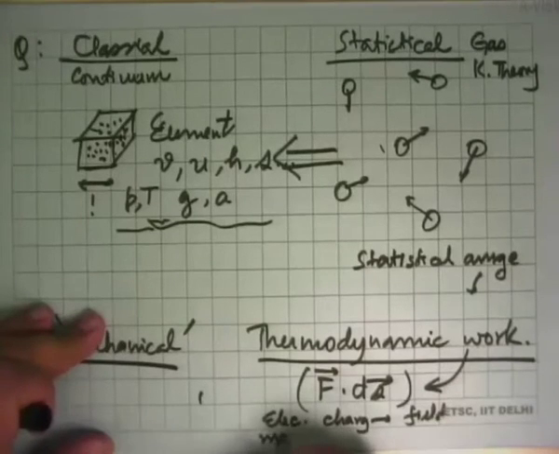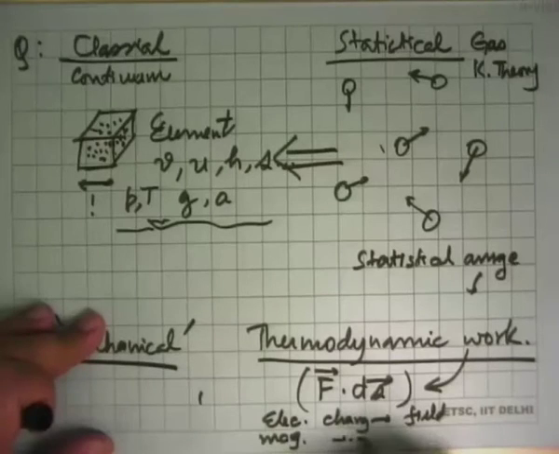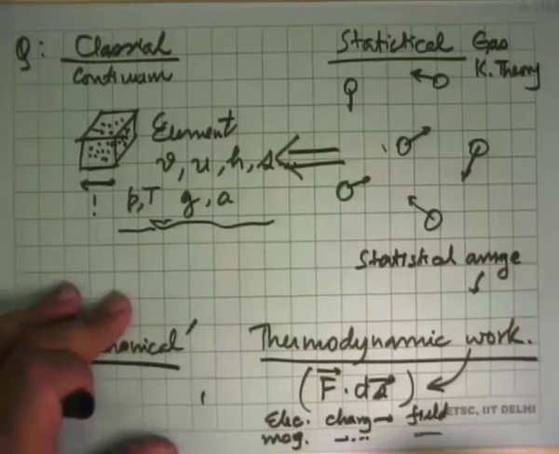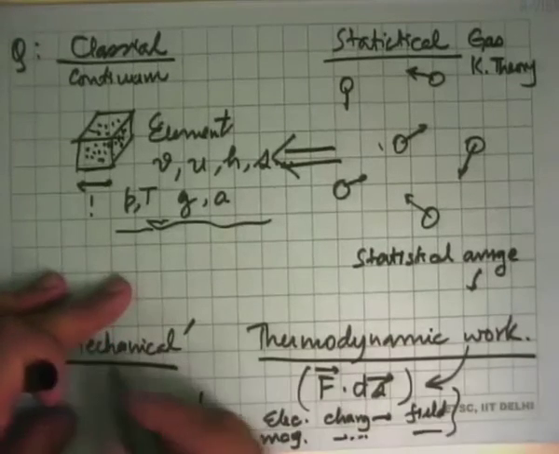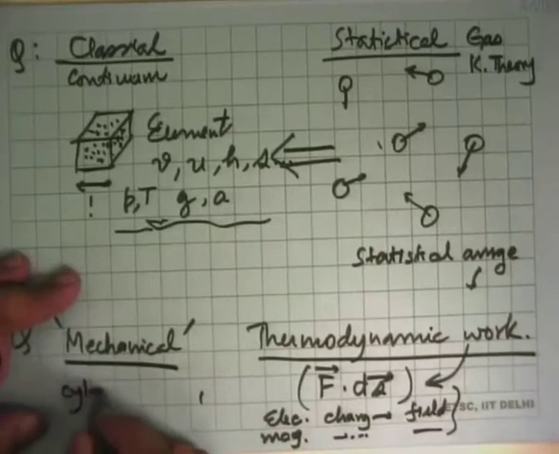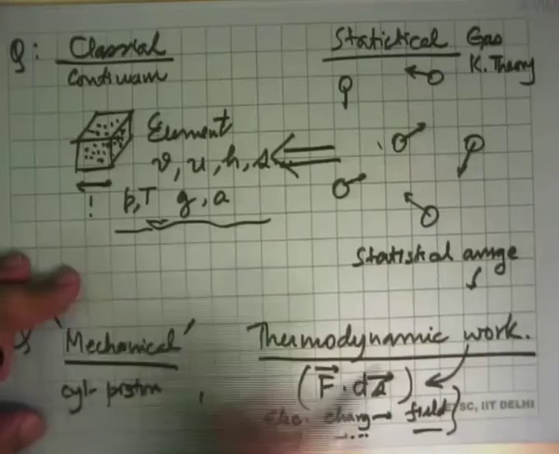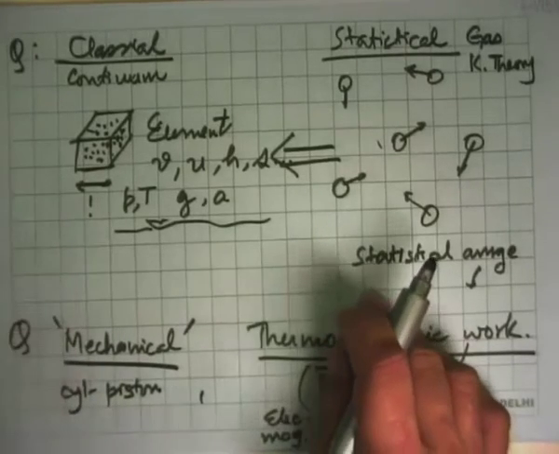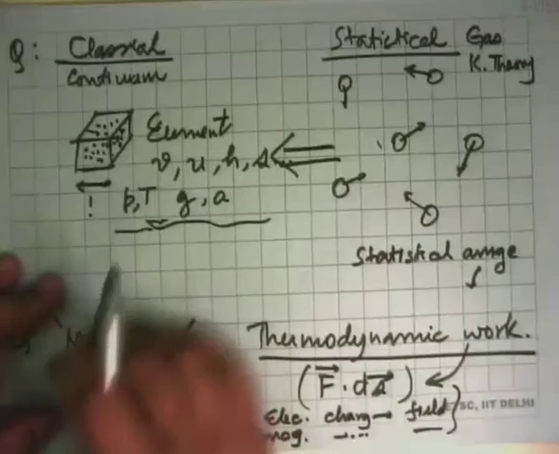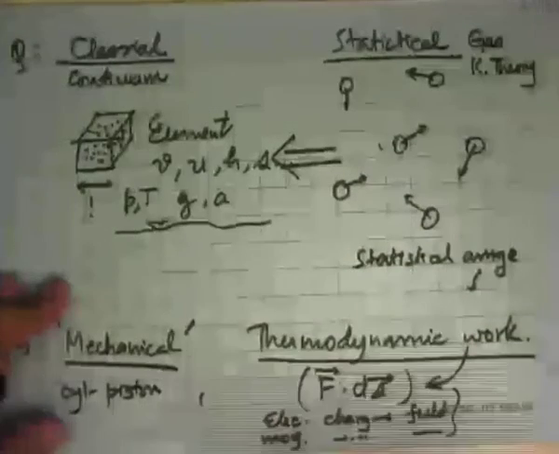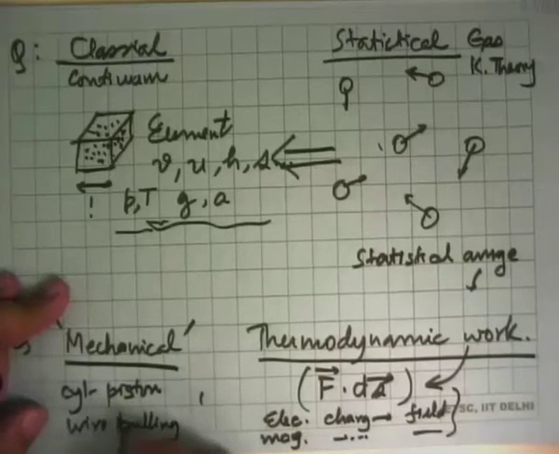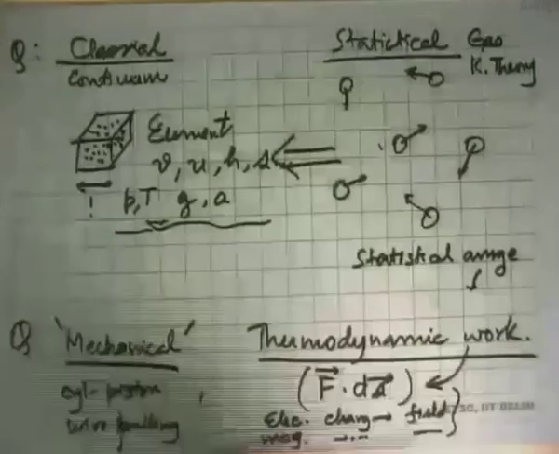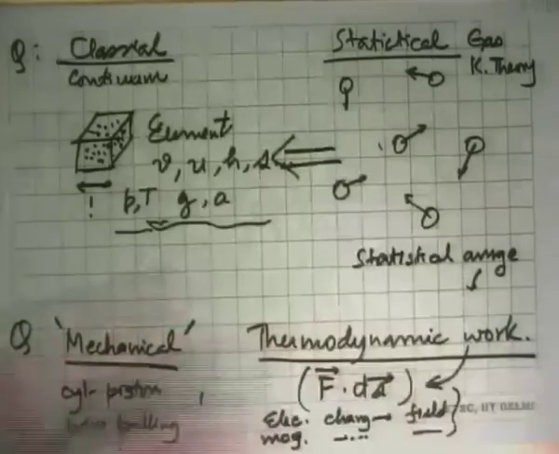We could have magnetic work, a magnetic dipole going in a field, or we could even have the cylinder piston arrangement, where gas pushes against the piston and does work. Yes, that we would call mechanical work. Or say the pulling of a wire, or increasing the surface area of a device, say surface tension working to produce work.